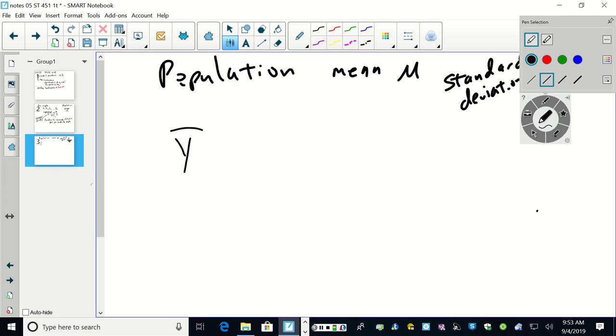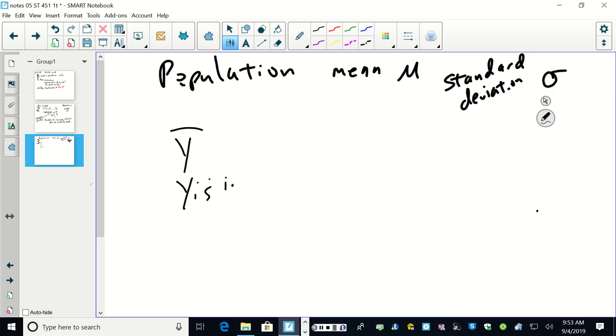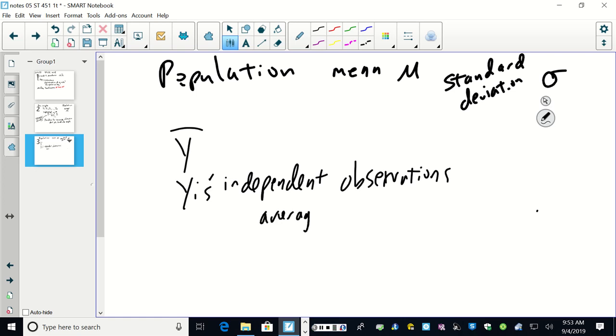So under the assumptions that, say, the yi's are independent observations from the population. Maybe you can think about them as randomly sampled, or at least not being tied together in pairs. Then we can say that the average of y bar is our population average.